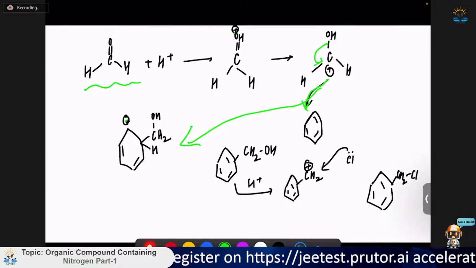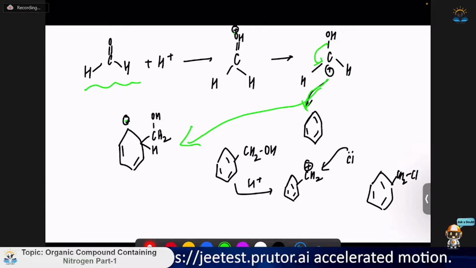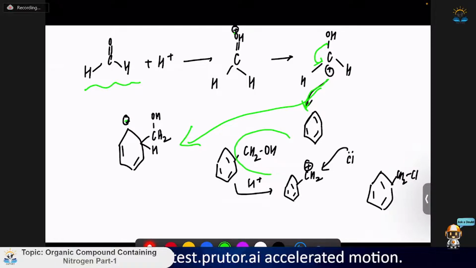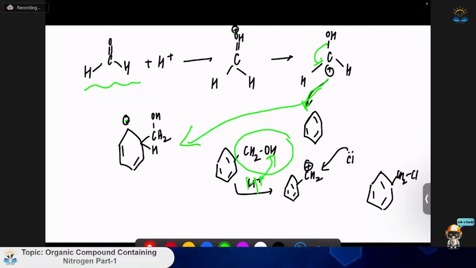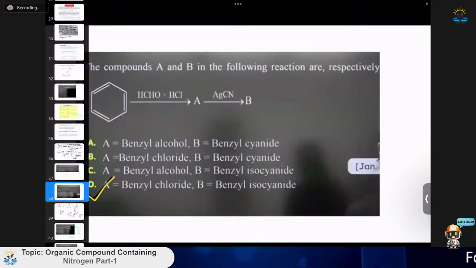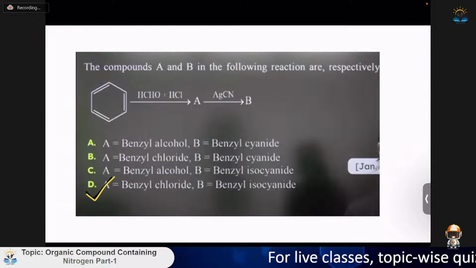The benzene ring will try to regain its aromaticity, and this positive charge will come here, and CH2OH will be formed. Then this H plus will react with OH, and H2O will be released. Finally, chlorine will come and attack on the CH2 positive to form benzyl chloride. So this will be the correct answer.